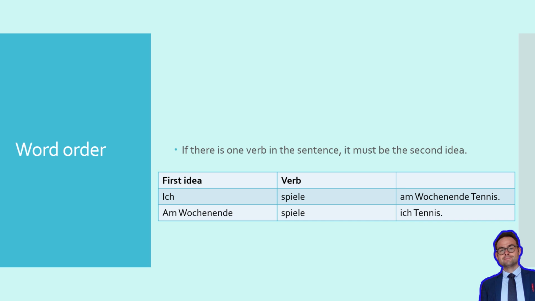The first idea could be a 2 or 3 word phrase. In English, it's perfectly acceptable to say on the weekend I play, but a German can't say that because the verb has to go second. Am Wochenende spiele ich. So you swap the ich and the spiele to make sure that the verb stays second. And again, that's just grammatical accuracy.